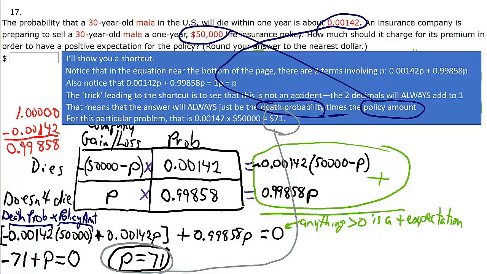In other words, I could have just looked and said, well, 50,000 times 0.00142 is $71, and it would have avoided the entire thing, really, not just the algebra, but even the setup of the table. So that shortcut is really nice if you want to use it. But it is also sort of nice to see why the shortcut works.